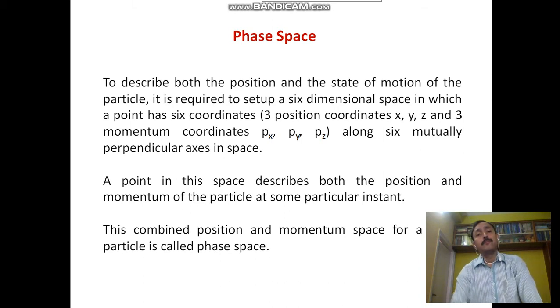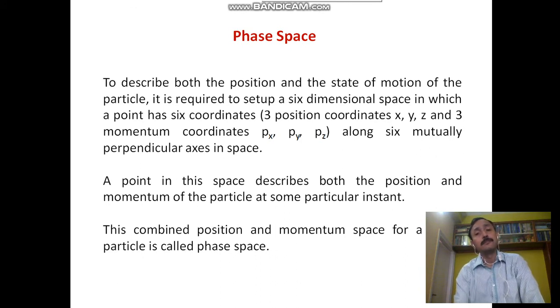To describe both the position and the state of motion of the particle, it is required to set up a 6-dimensional space in which a point has 6 coordinates, 3 position coordinates x, y, z and 3 momentum coordinates px, py and pz along 6 mutually perpendicular axes in space.